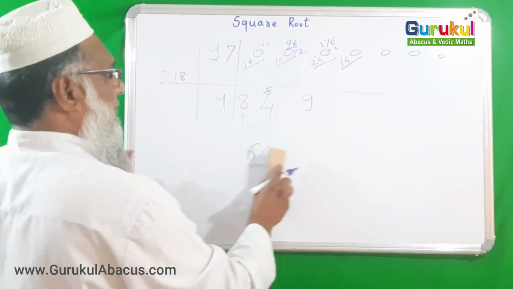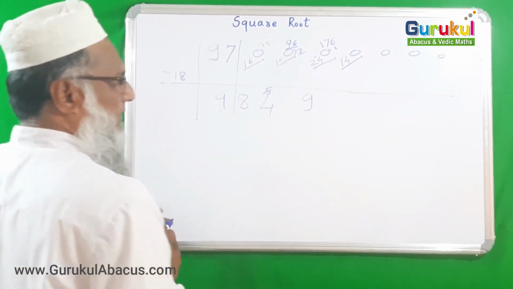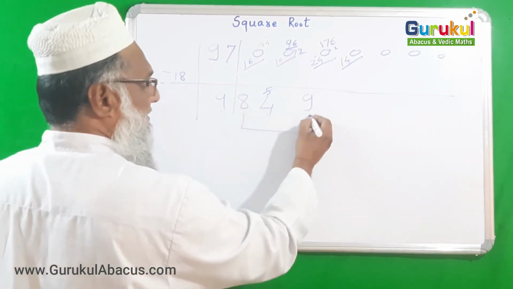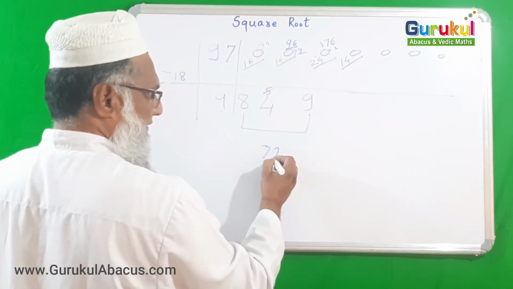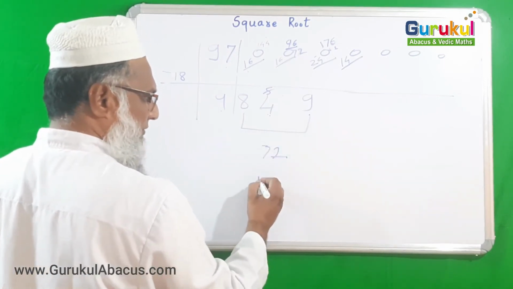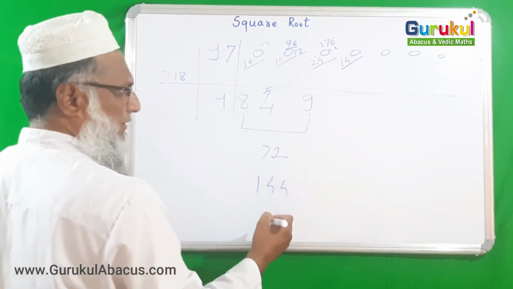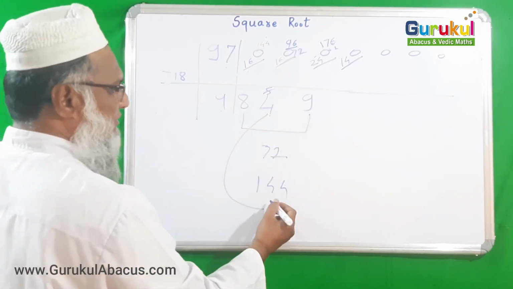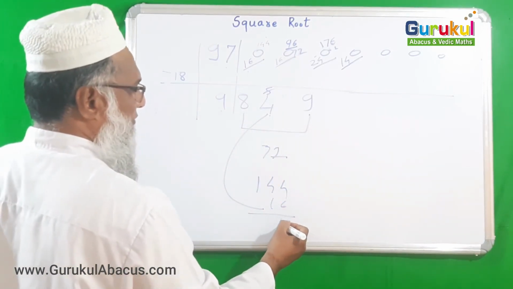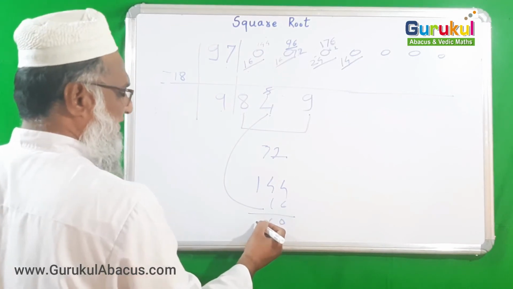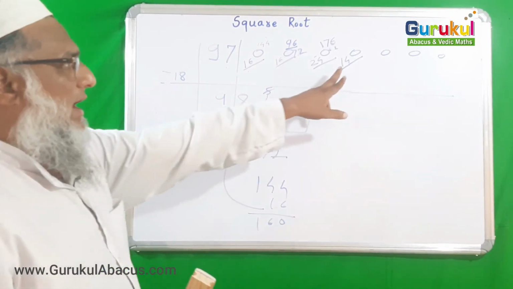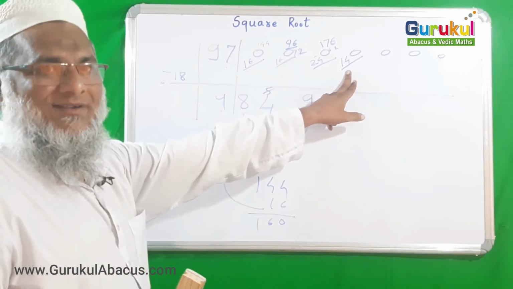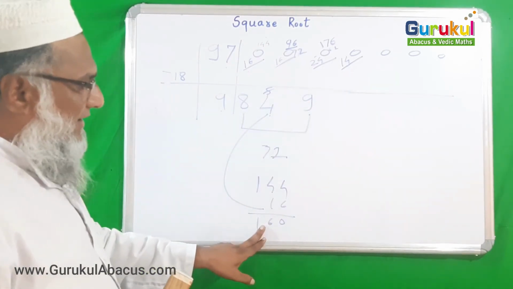Now just subtracting Dvandva of our numbers. 9 8s are 72's double, 72's double is 144, and its square is 16. So together we have to subtract 160. We have 140. So we cannot subtract 160.